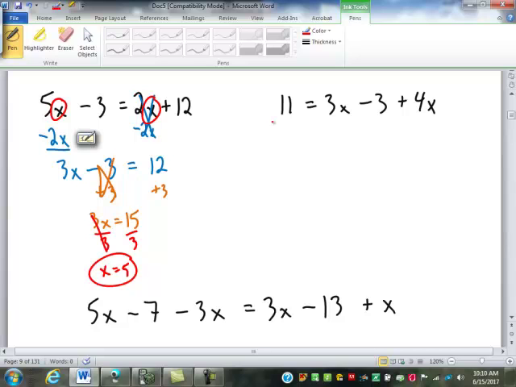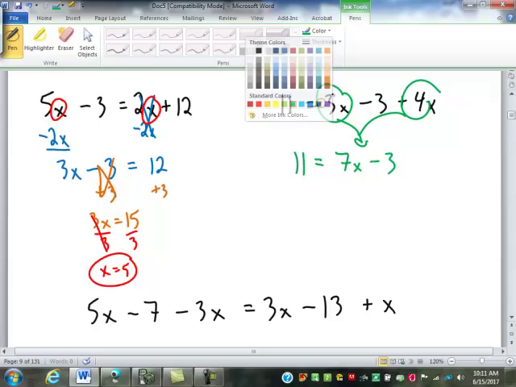The second one here, 11 equals 3x minus 3 plus 4x. What would we do first there? Combine the 3x and 4x. Good. We combine the 3x and the 4x. So that gives us 7x minus 3, and then we still have 11 on the left side.